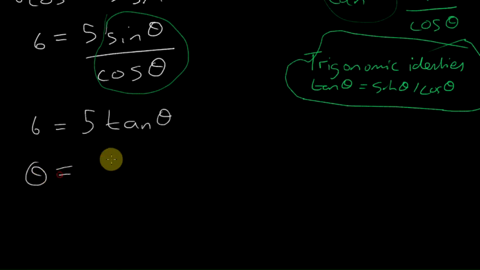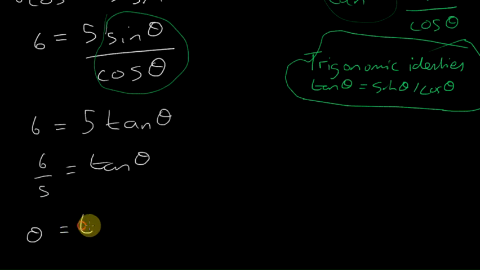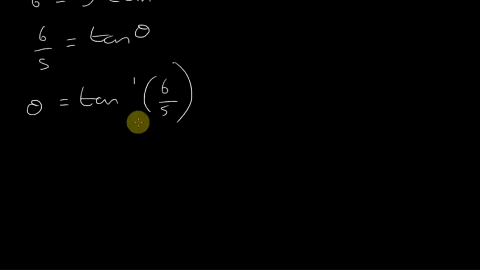So let's take the 5 over to give us 6 fifths equals tan theta, and now we can just solve that, which should be pretty simple.